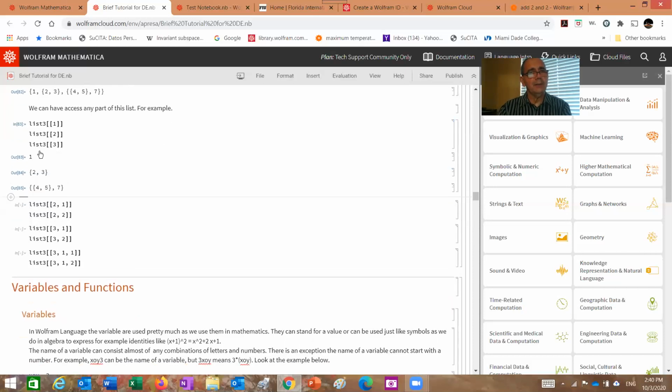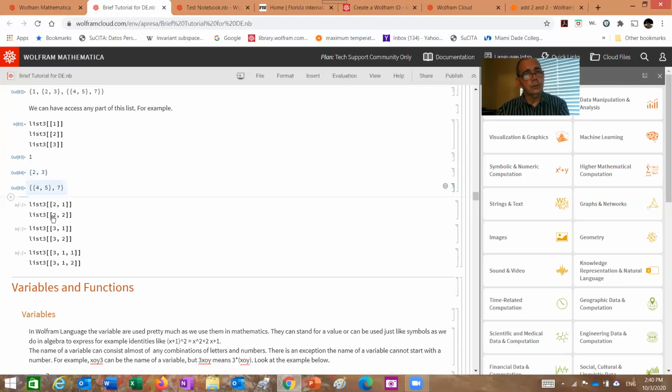The first element is 1, the second element is the list formed by 2, 3, and the third element is the list whose first element is a list formed by 4 and 5, and the second element is 7. Now, you want to get access, let's say, to the number 3, the number 2 here.